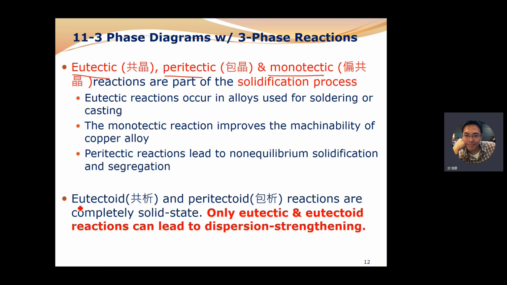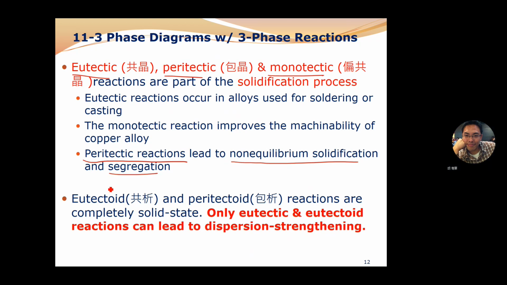Okay, therefore we know maybe we don't want this peritectic reaction because it leads to non-equilibrium solidification and segregation, right? And if I want to make a casting tool, casting parts, or solder, well, I should use what?